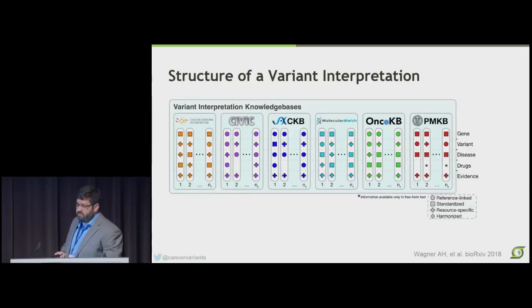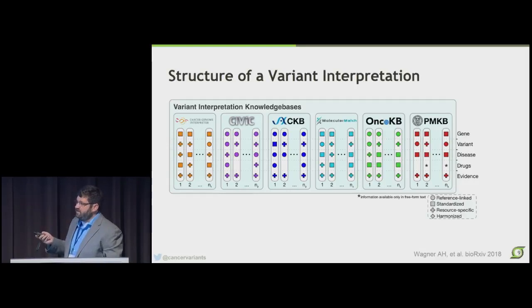Here's a cartoon representation of the diversity of these elements across these 6 knowledge bases. These white pills inside each one of these larger blue pills represent interpretations, which are split up into 5 different elements: genes, variants, diseases, drugs, and evidence.